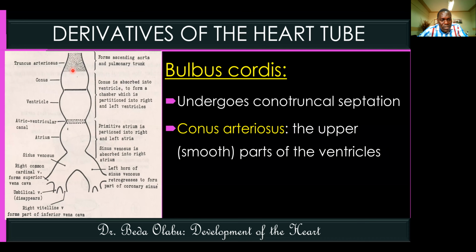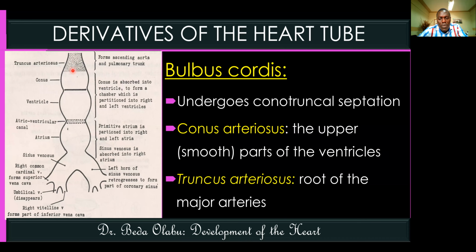The truncus arteriosus component of the bulbus cordis gives rise to the root of the major arteries. The root of the major arteries here being the ascending aorta and the pulmonary trunk. So we'll expect the pulmonary trunk to be arising from the right ventricle and the ascending aorta arising from the left ventricle.